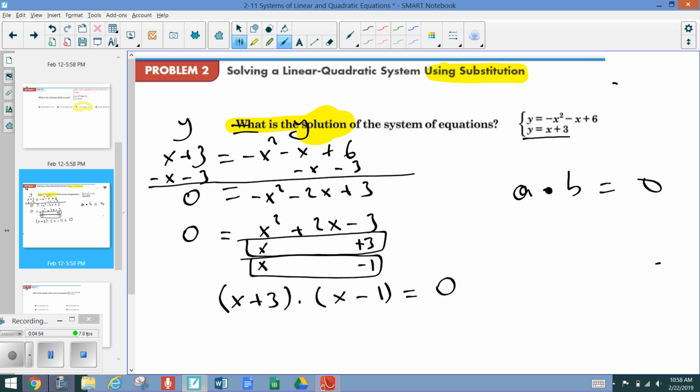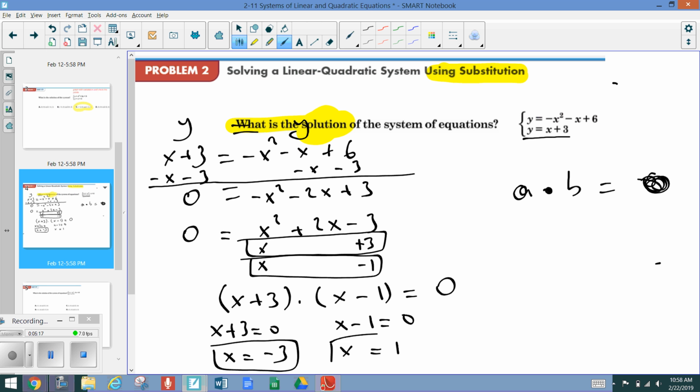A number times another number, and the result is 0, means one of those numbers must be 0. So same thing, x plus 3 should be equal to 0, and x minus 1 should be equal to 0. From here, x is negative 3. From here, x is positive 1.